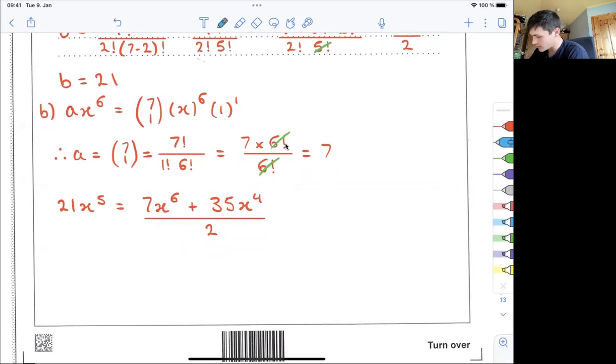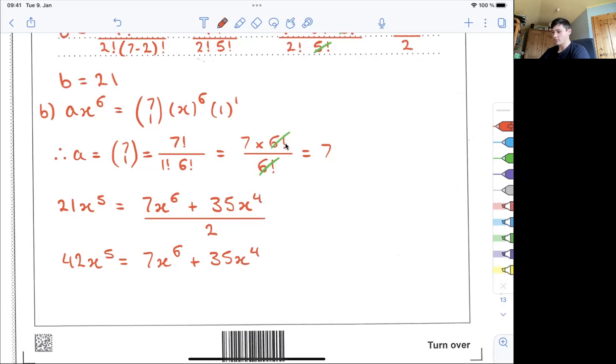So first things first, a good protocol is to times both sides by 2. That gives me 42x to the power of 5 equals 7x to the power of 6 plus 70x to the power of 4. I'm going to end up going on to the next page, but that shouldn't be a worry.